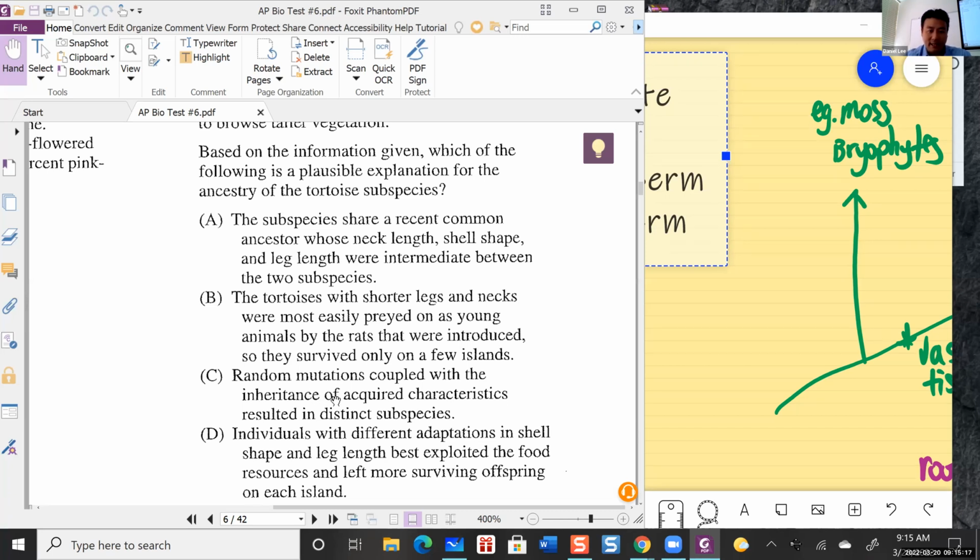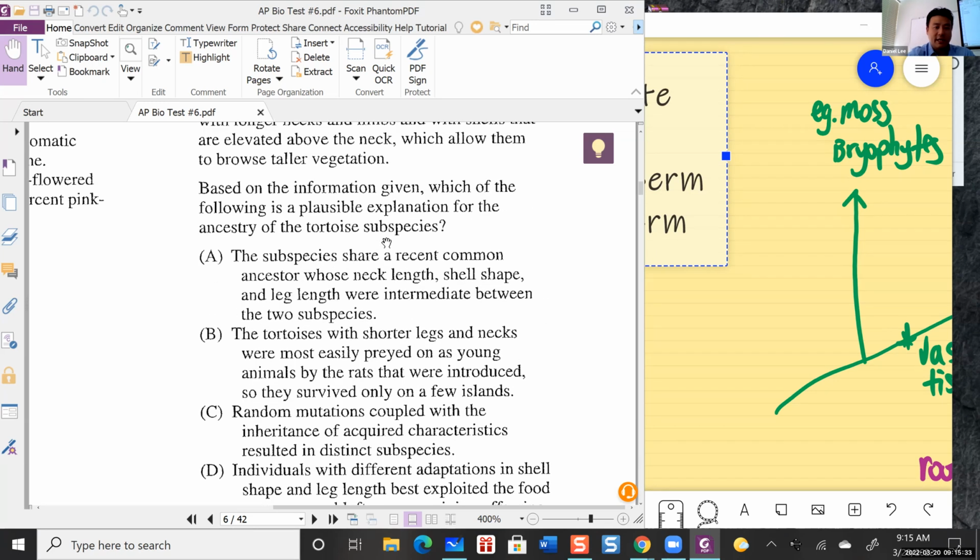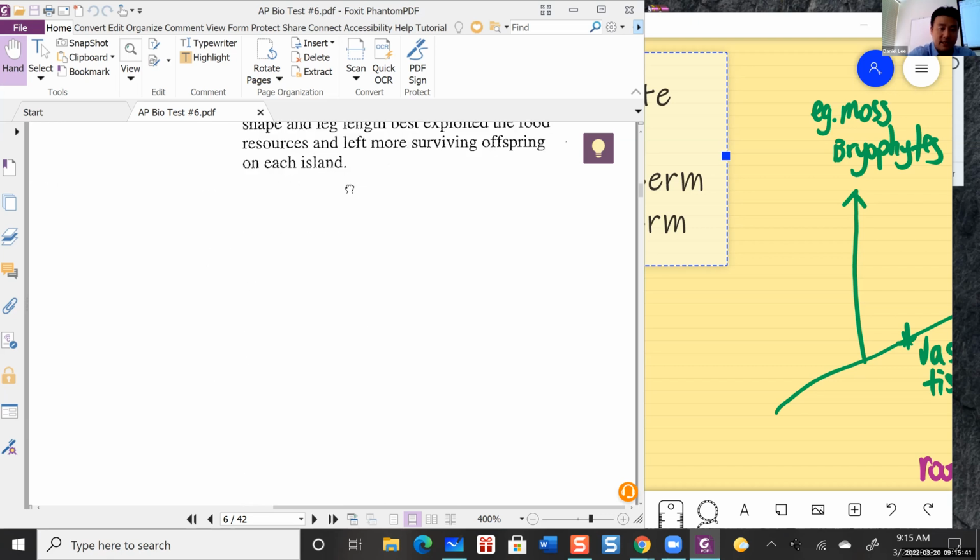It's possible, but it's not the best answer. And then B is also wrong. Tortoises with shorter legs and necks are easily preyed on as young animals by rats that were introduced. There's no mention of rats, so you cannot make that kind of assumption. You have to base it on the information given. All right, so number 4 is D.